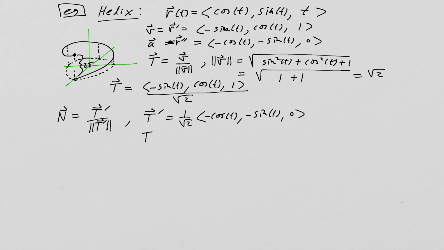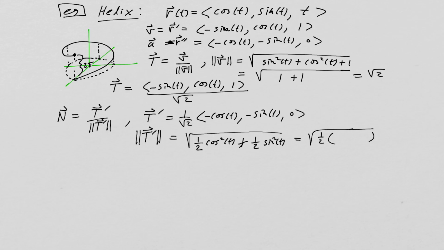And now, of course, we have to normalize this. And that's going to be the square root of the sum of squares. So that's going to become 1/2 when we square the square root of 2 times cosine squared of t plus 1/2 sine squared of t. And that becomes the square root of 1/2 times cosine squared plus sine squared, which is just 1.